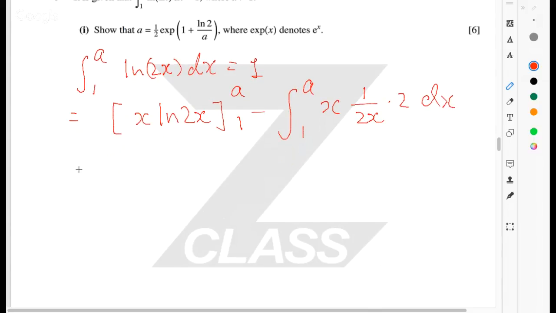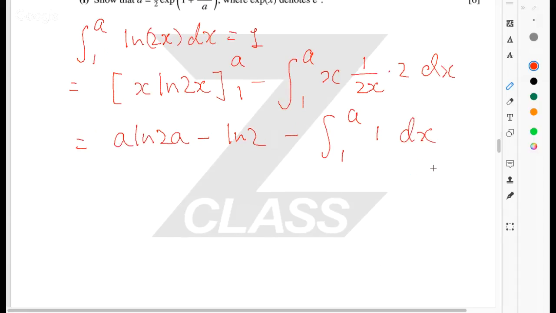And that would give us a ln 2a minus ln 2 minus the integral from 1 to a of 1 dx, and that's equal to a ln 2a minus ln 2 minus a plus 1.